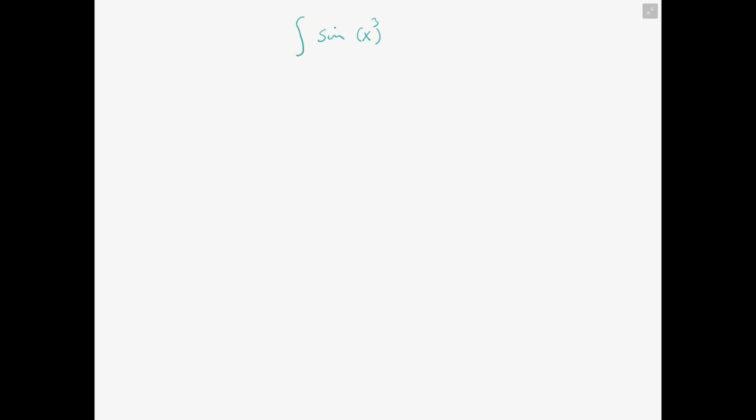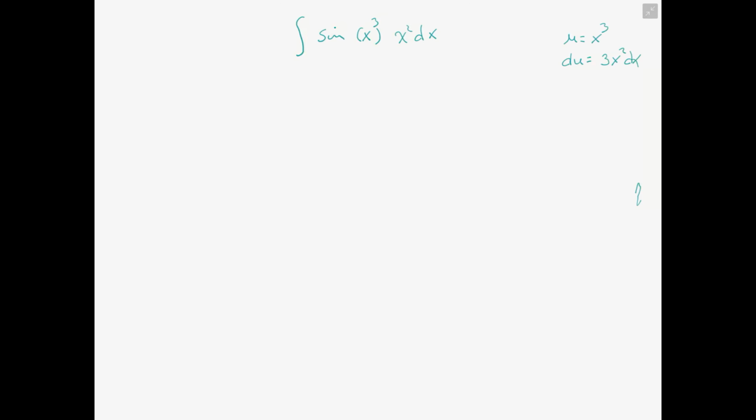It's good practice. Here we have the integral of sine of x to the 3rd times x squared dx. And we can see right off that we're going to be using a U-substitution for the argument.